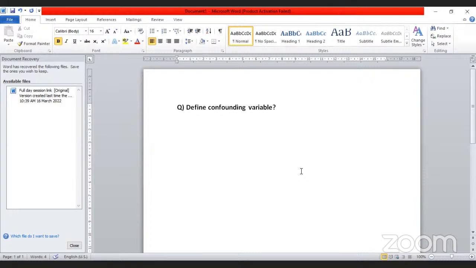Confounding variables are also known as confounders.